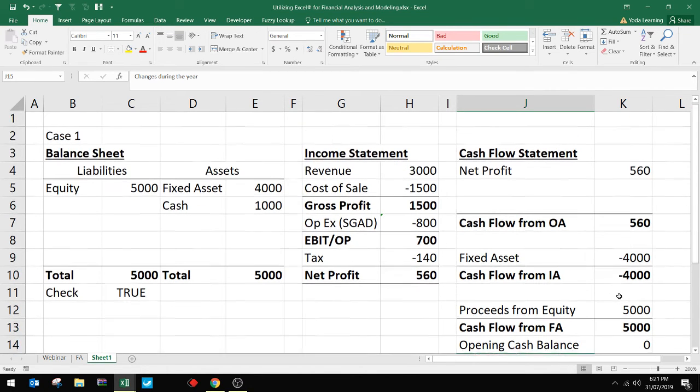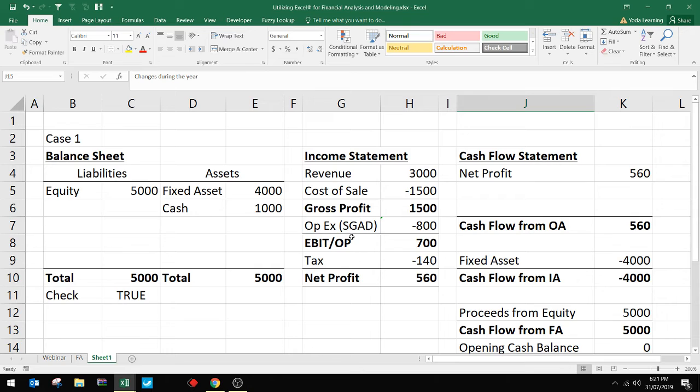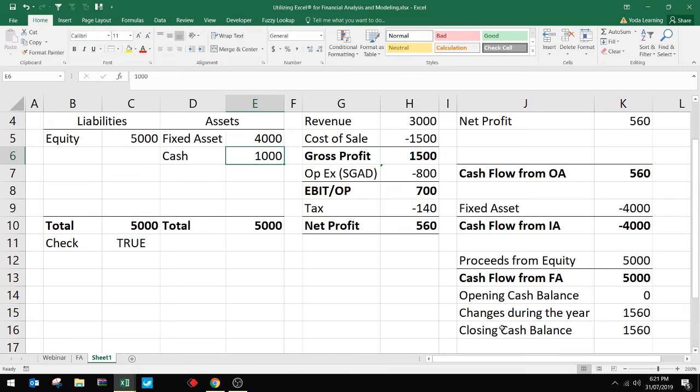Now that our cash flow statement is complete, we need to revisit our balance sheet because the balance sheet was created at the beginning of the year. The two adjustments that we will make in order to make this complete: first, come to the cash figure. At the end of the year, as per our cash flow statement, our cash balance is 1560.